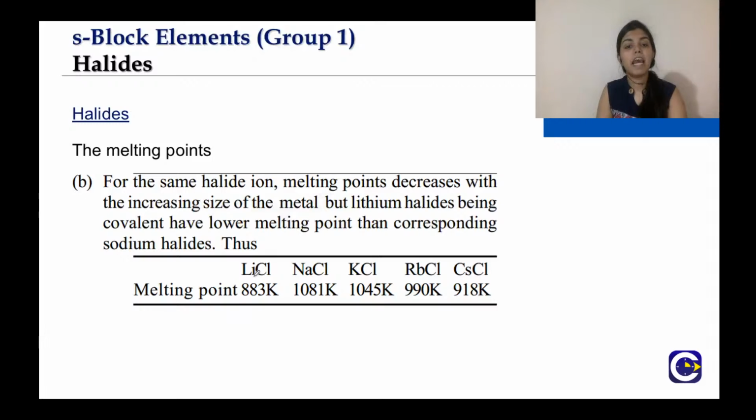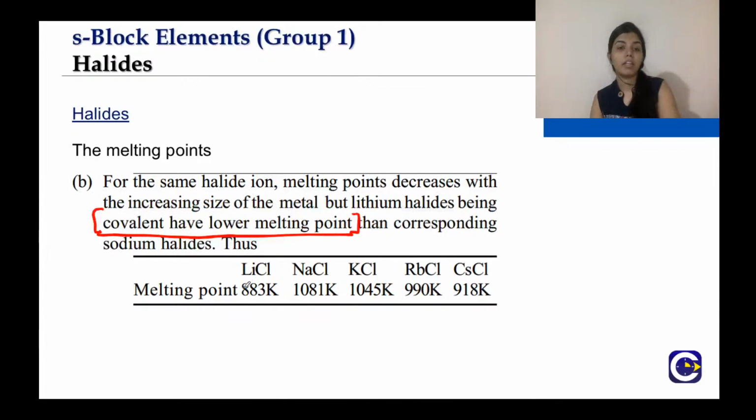Now for the same halide ion, if you compare the metals, you can see that the one which is covalent in nature will have lower melting point. That is because we know that smaller the cation, greater is the covalent character. That means lithium chloride is more covalent in comparison to others, right?